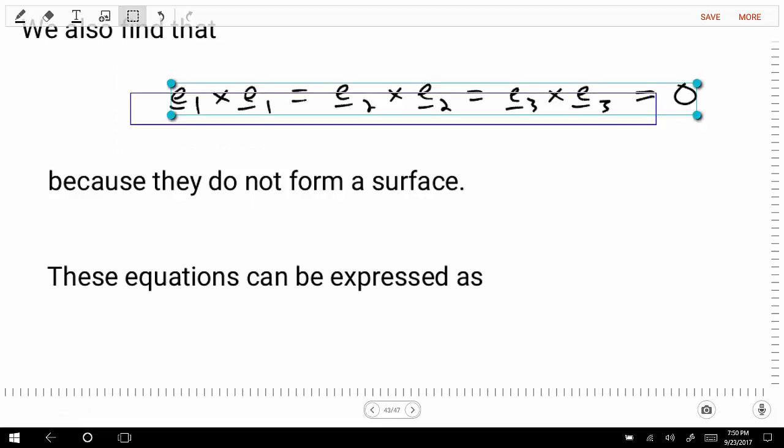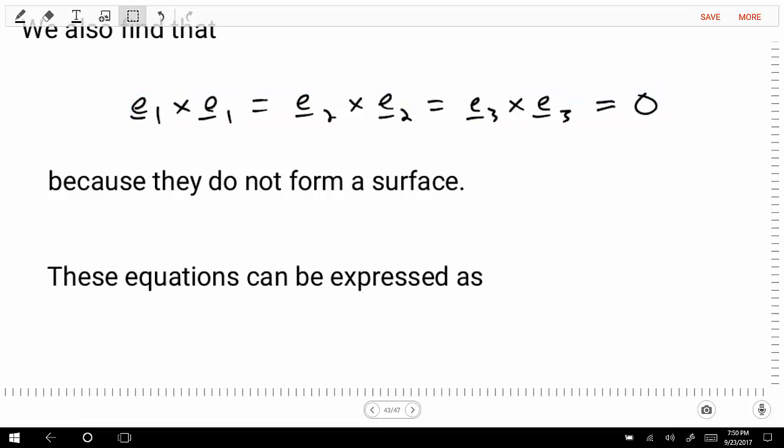And why are they equal to 0? Well, the cross product is basically forming a surface that we can find a vector that's normal to that surface. But when we have two vectors that are the same, we're not creating a surface, and thus there is no vector that's formed because there's no surface, right?